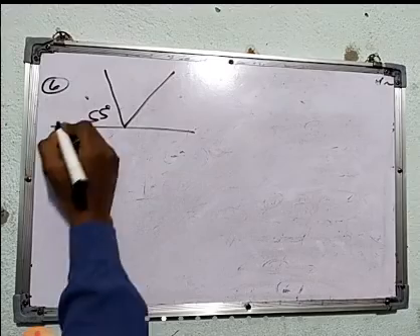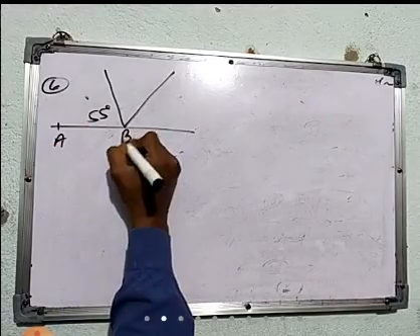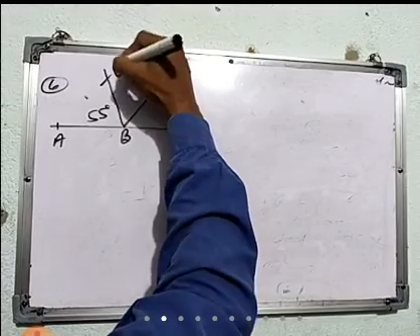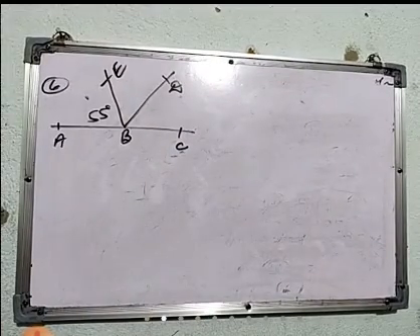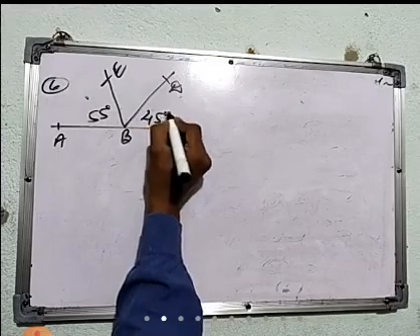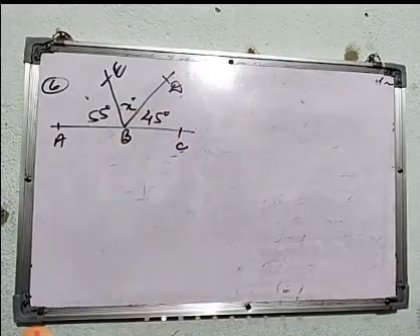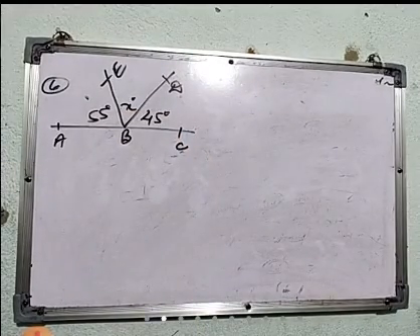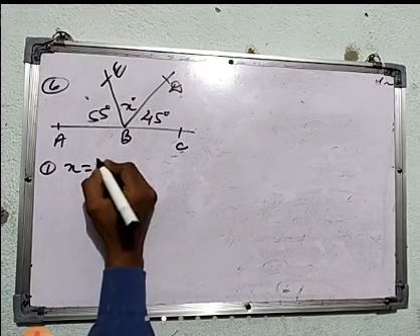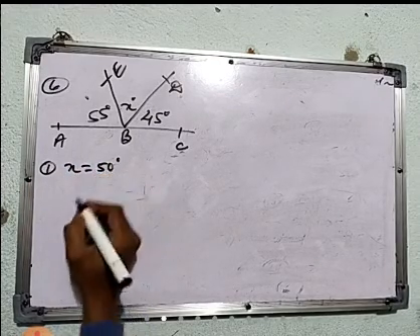Question 6. A, B, C, D and E. 45°. Find the value of x. Option first, x equal to 50°.